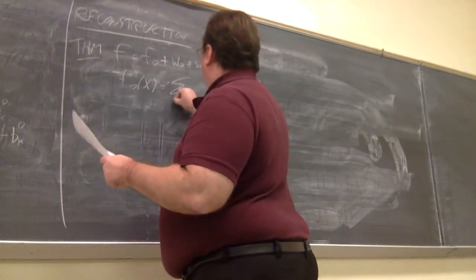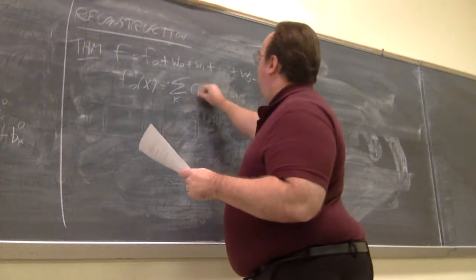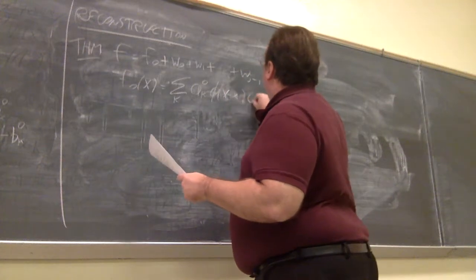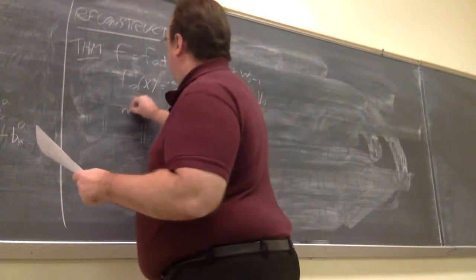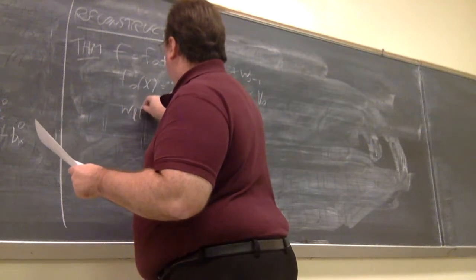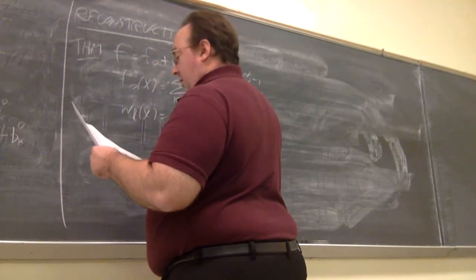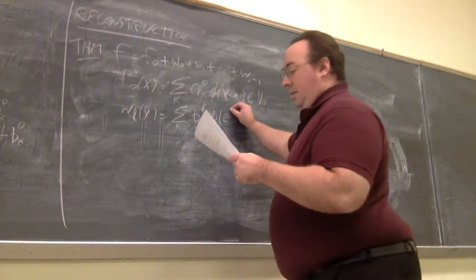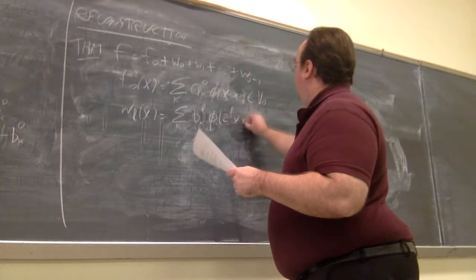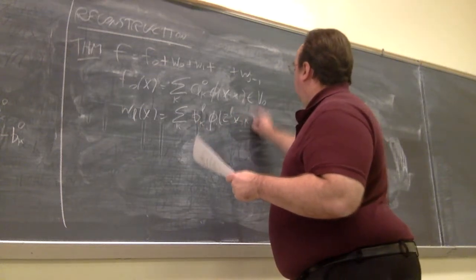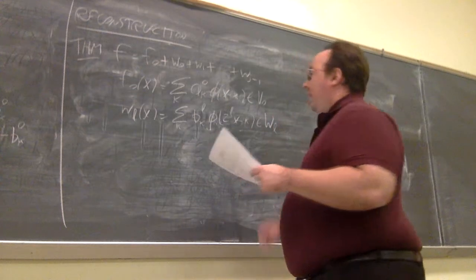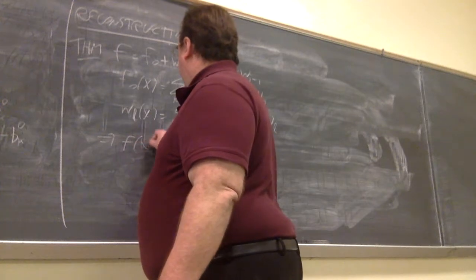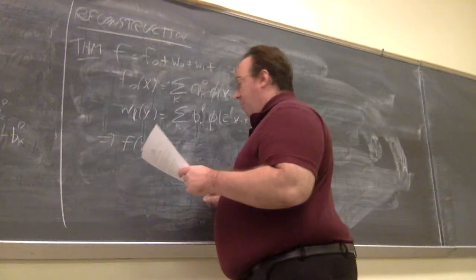So F naught is a sum of AK0 phi x minus k in V naught, and then each W, then f can be written in this form.